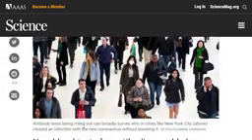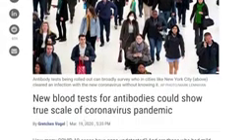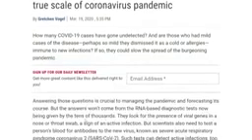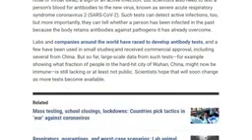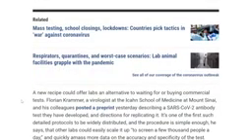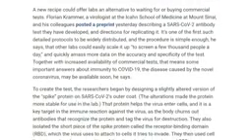Here's an article that was published in Science that looks for new blood tests, and they basically go over the same things that we've been talking about. Companies have been racing to develop antibody tests. Here's one out of Icahn School of Medicine at Mount Sinai. They posted a preprint yesterday describing a SARS-CoV-2 antibody test that they've developed.